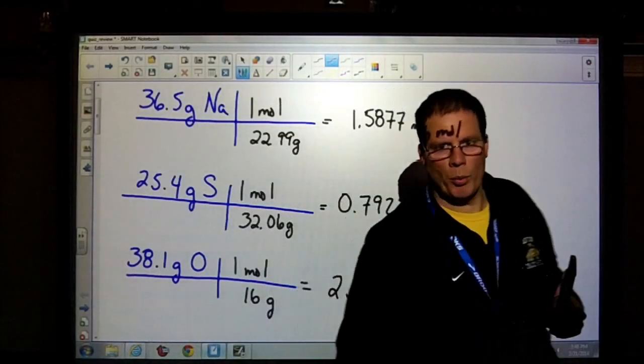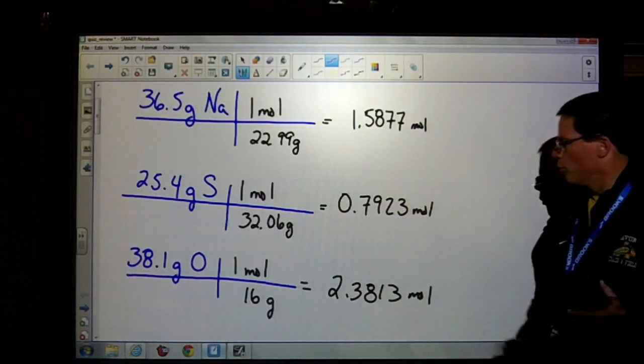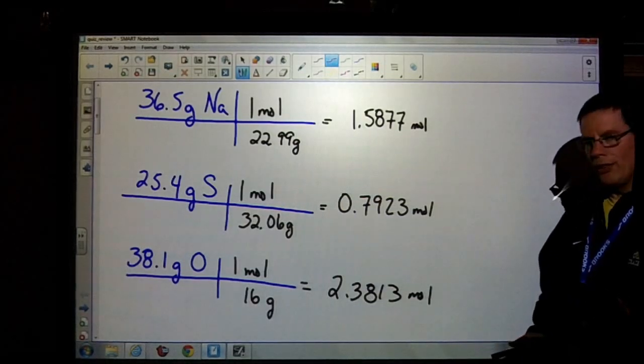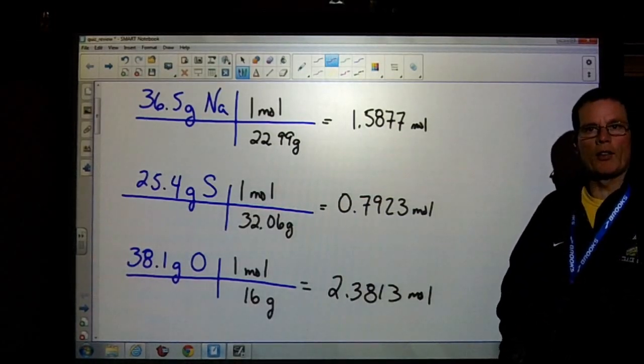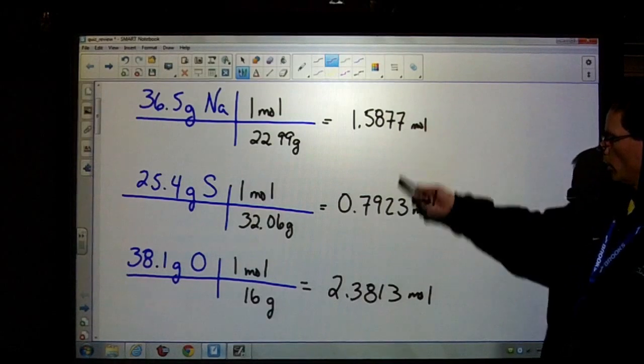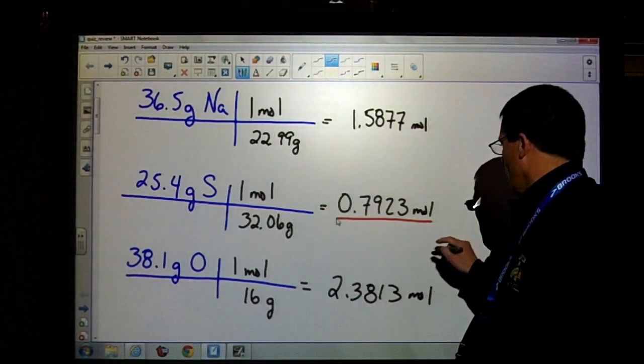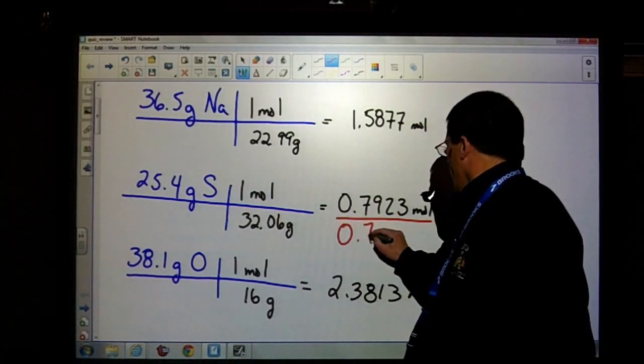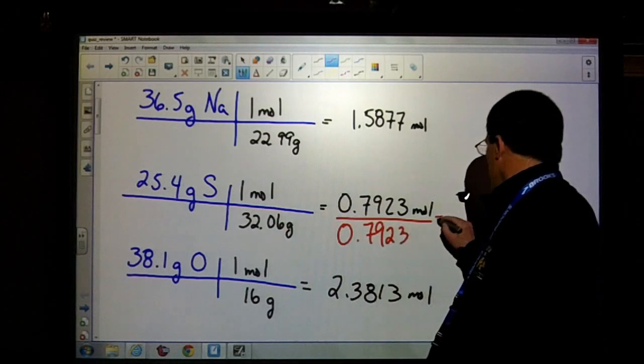All right, so once we have our number of moles, we want to find out which of these moles is the least amount, because we want to find out the smallest whole number ratio. So looking at these, I see that is my smallest number, so I will divide everybody by that amount.